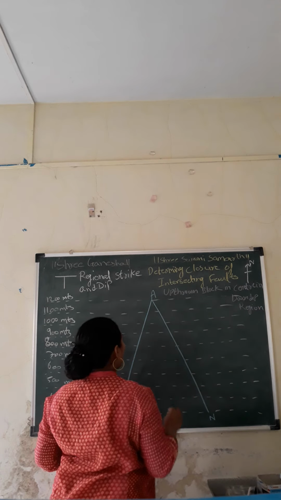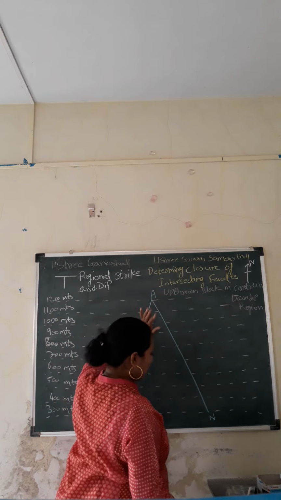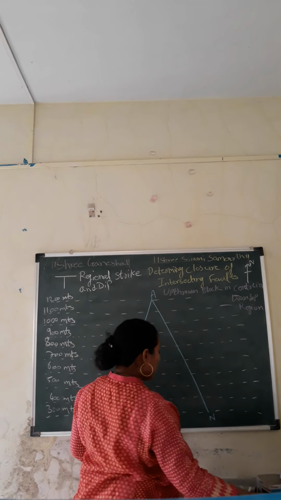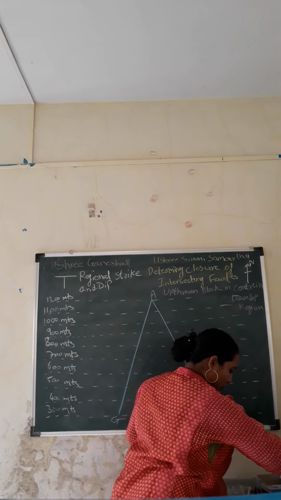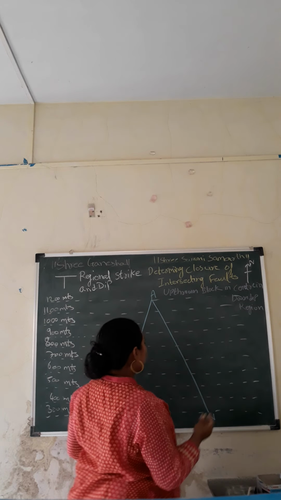Now, this is 1200 meters, and because this is upthrown, how do we know it is upthrown? The very first thing I should do now is provide you with certain values. I am choosing the yellow color, as it will be more prominent.